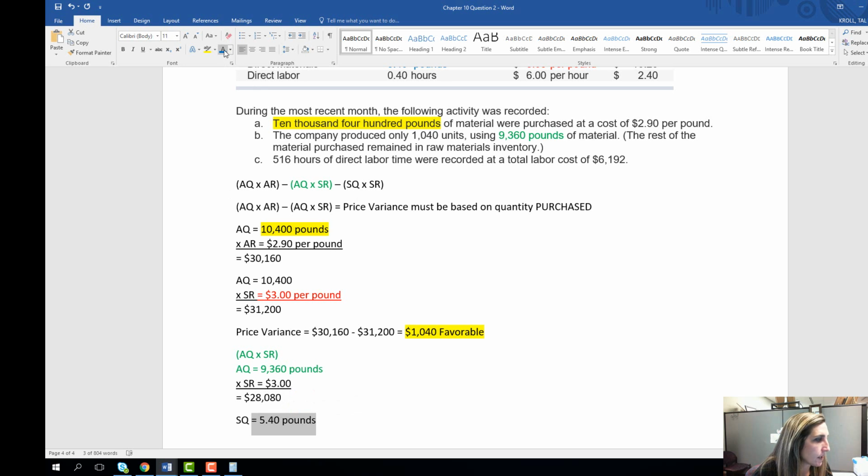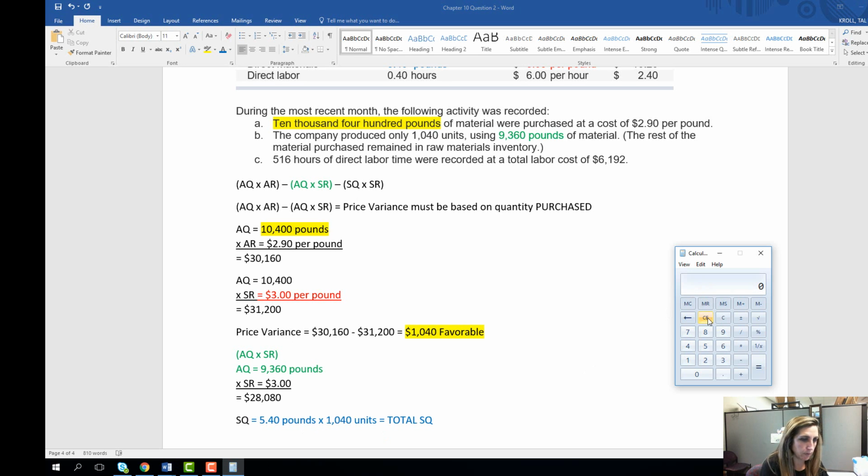We will always have to take our standard and multiply it by the actual units. It says I had 1,040 units, so my total SQ would equal 5.4 pounds, that's what I should use in each unit, multiplied by 1,040 units.